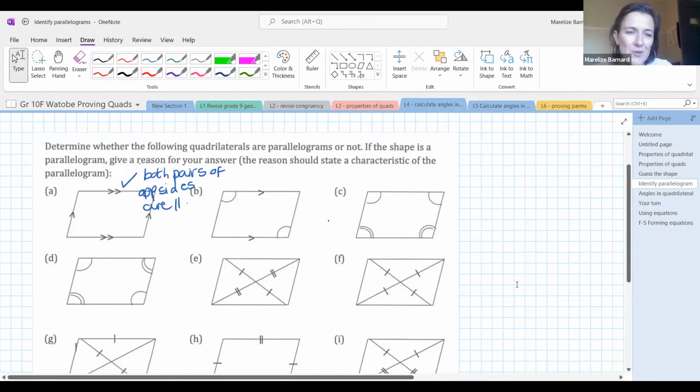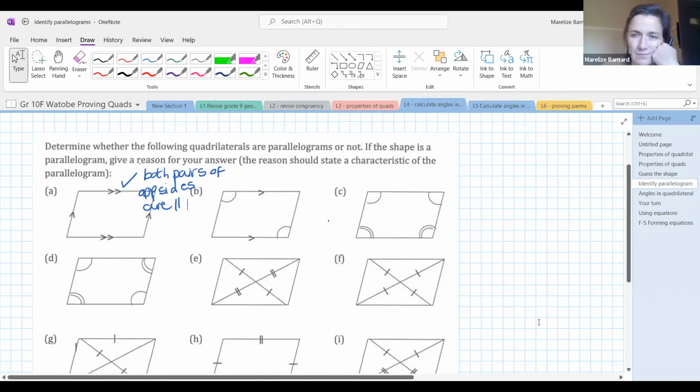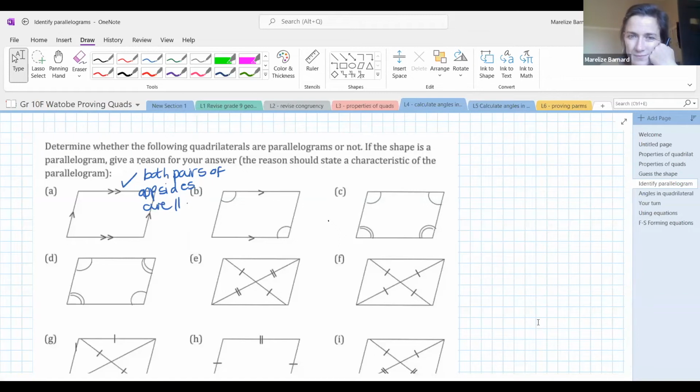Okay, let's go to question B. Pop in the chat if you think this is a parallelogram, and if it is, give a reason why. Remember to give a reason why. Okay, so let's think about this one.